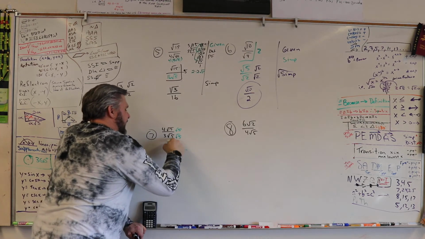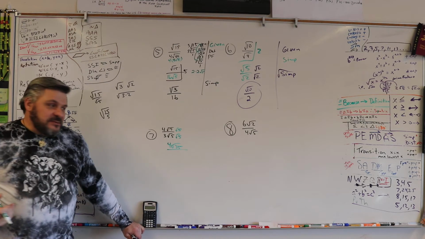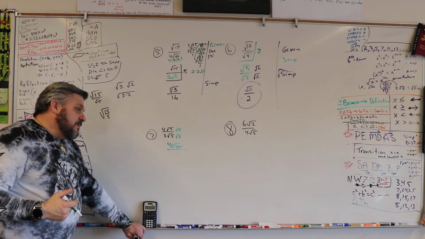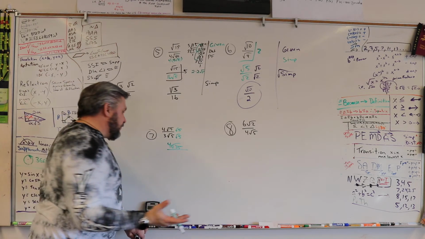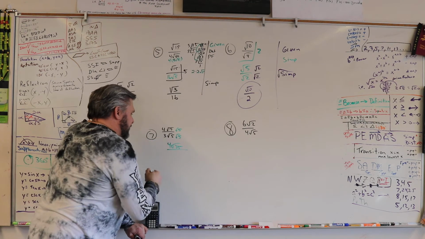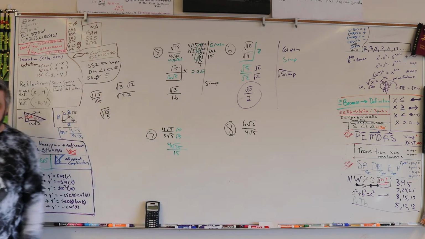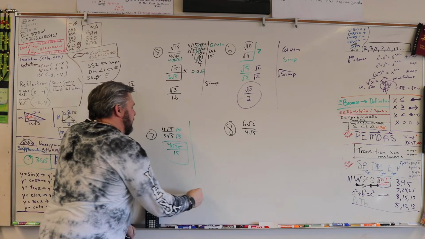And what is 5 times 5? 25. And then we reduce that, right, back down to 5, right? Square root of 25 is 5. And then what's 5 times 3? 15. And if it can be reduced, then we reduce it. If not, then we're done.